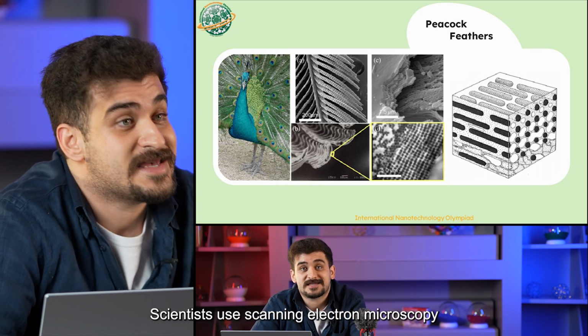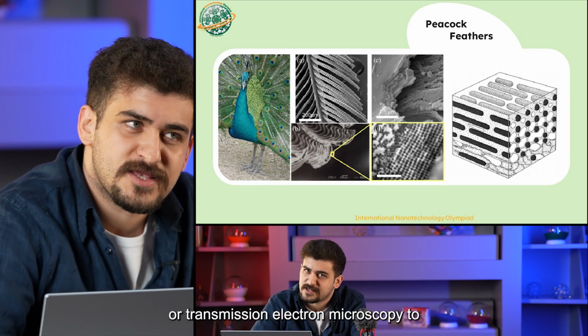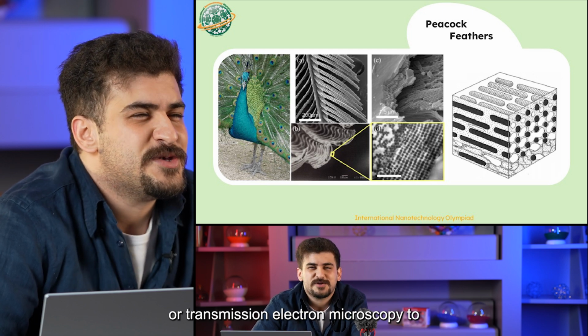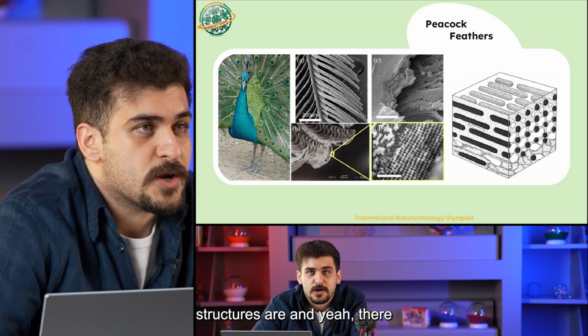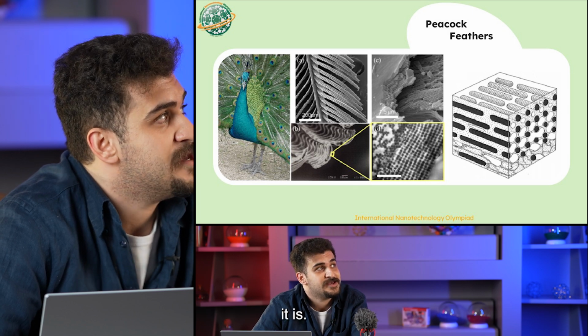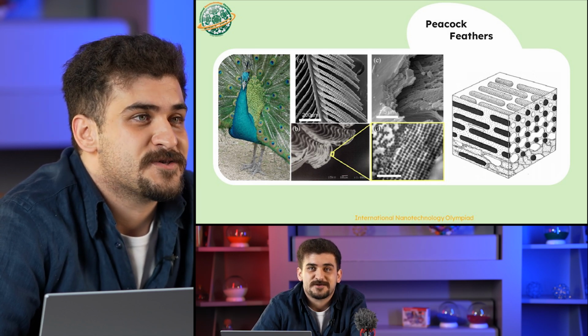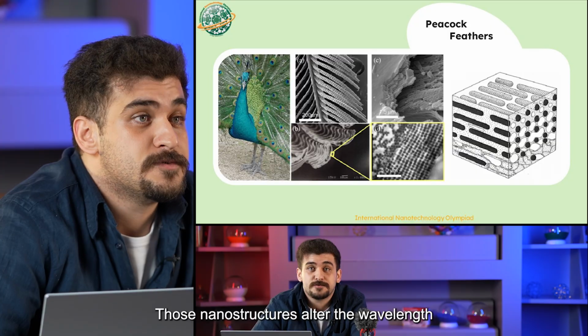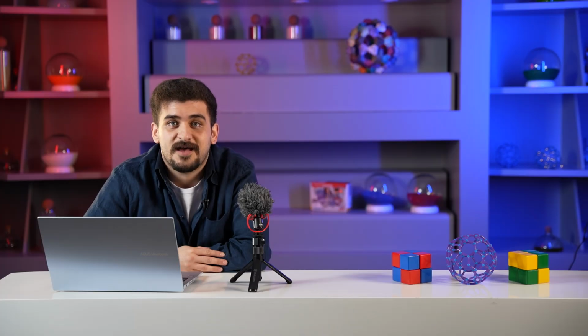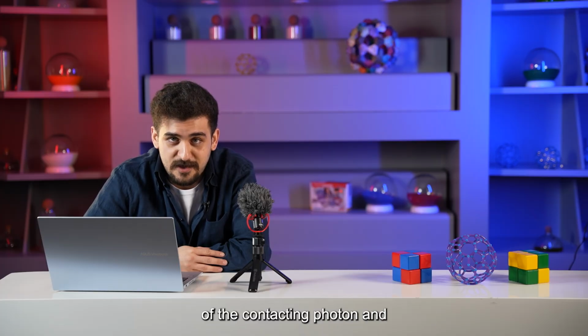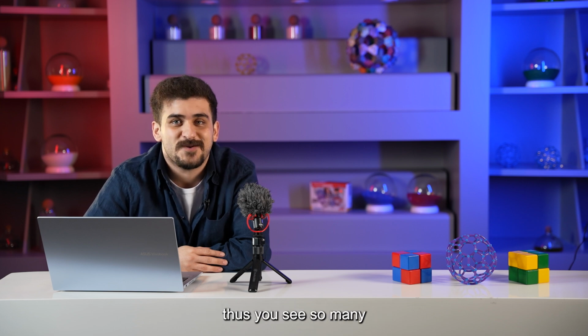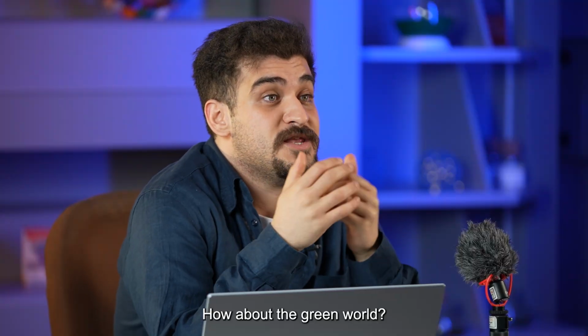Scientists use scanning electron microscopy or transmission electron microscopy to see and observe what those structures are, and yeah, there it is. You see the pictures. Those nanostructures alter the wavelength of the contacting photon, and thus you see so many astonishing colors from the peacock feather.